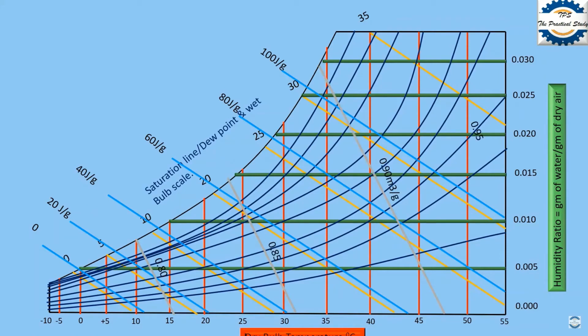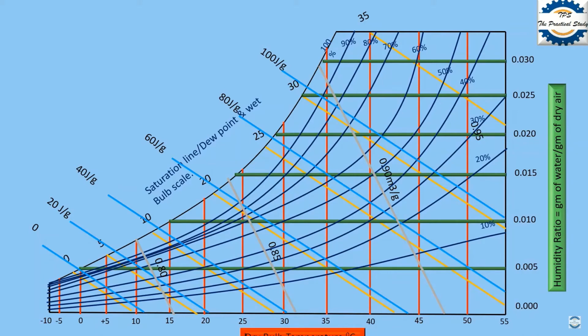This is the scale of specific volume and this is the scale of relative humidity. So this was that complex chart which we didn't discuss earlier. I hope I tried to make it very clear to you.